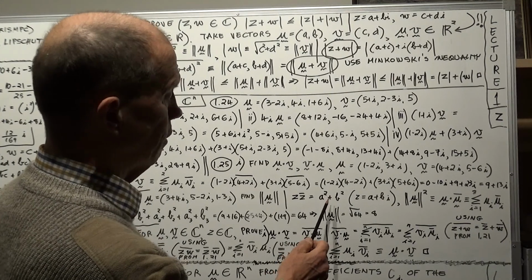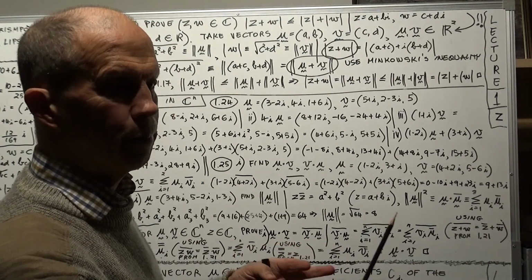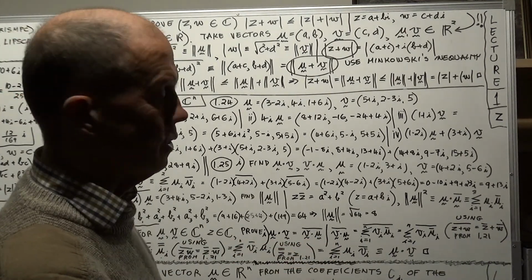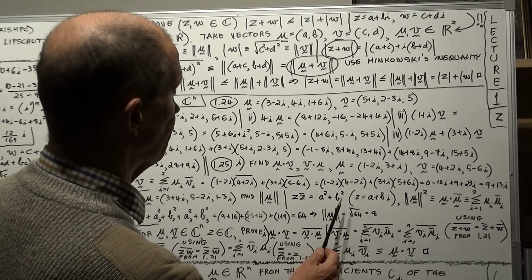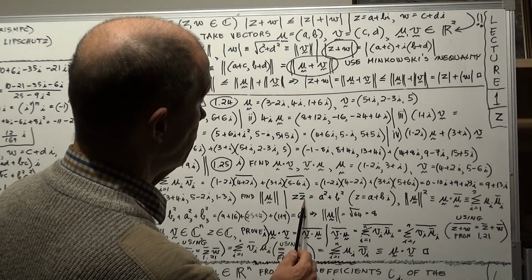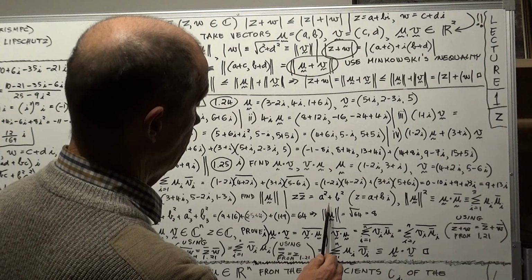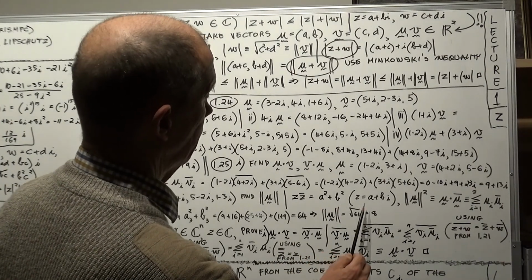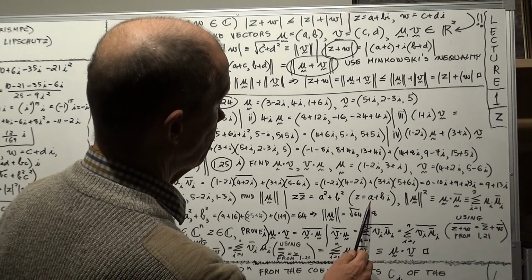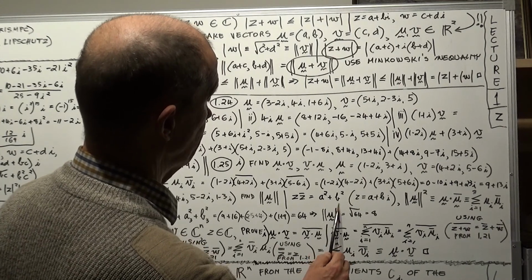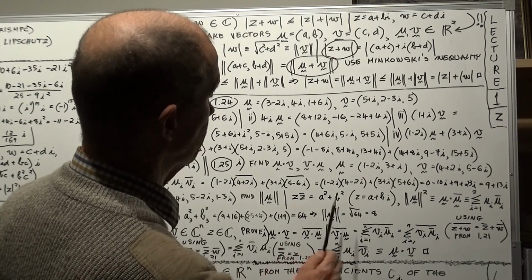That's because the imaginary parts, the i components, cancel each other, and you're just left with reals. So z times z conjugate is a real number, a squared plus b squared. We've done that several times.